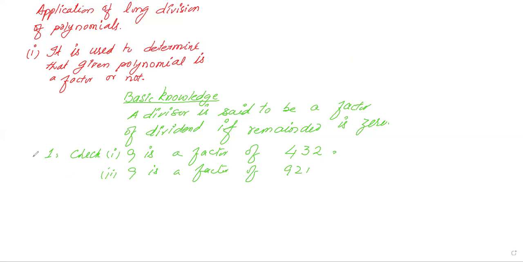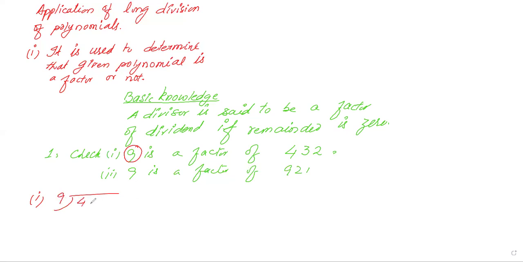First one is, the first part with the help of the red marker. So a divisor is said to be a factor of the dividend if the remainder is 0. So I have to check whether 9 is a factor or not. So 9 becomes the divisor and 432 is the dividend.